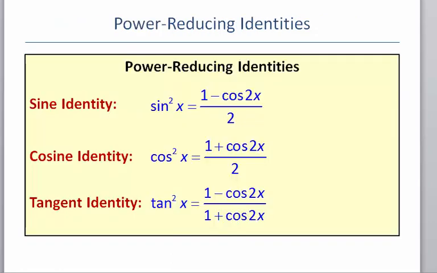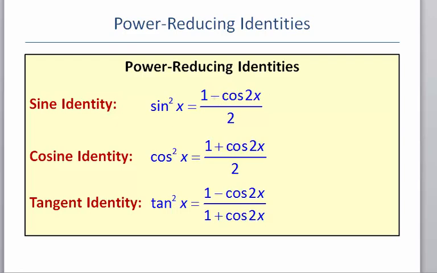Okay, also in this section, they're going to introduce what are called power-reducing identities. All right, so we have a formula for sine, for cosine, and for tangent, and the purpose of having these identities allows us to take a squared term in a problem and reduce it where it will not have a squared anymore.